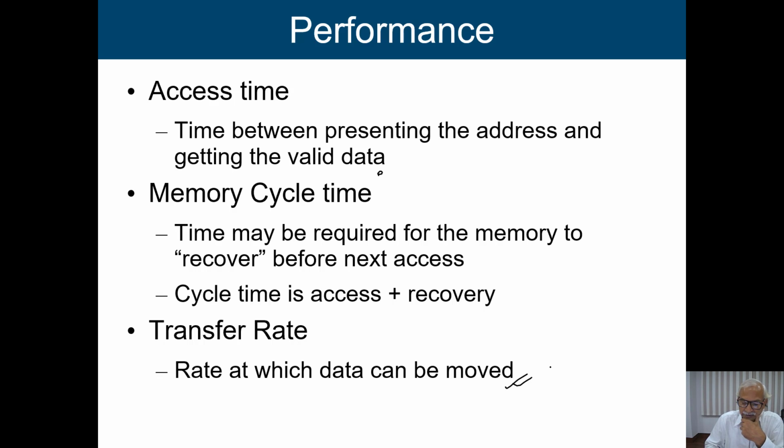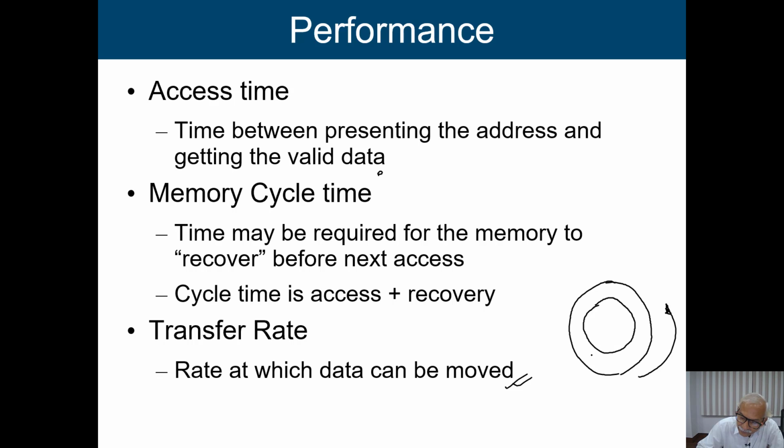This rate depends on the angular velocity of the disk because it rotates. We know the time required to complete one rotation, and this time is required to access this particular track. So basically the transfer rate depends on the angular velocity of the disk.